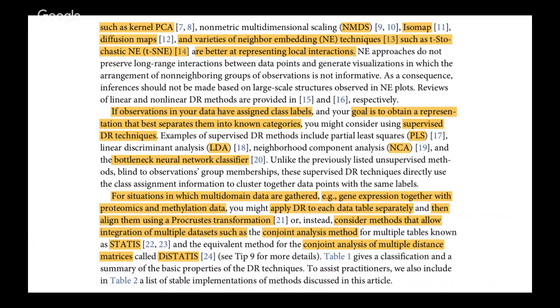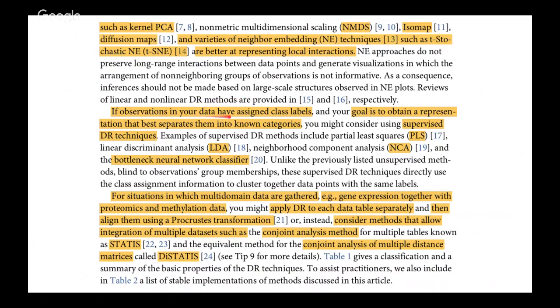Those global interactions would be more amenable to things like PCA. But if there are local interactions, that are physical connections between one part of the chromosome and another, and it happens many times in functional genomics, then those would be amenable to another set of tools, right?